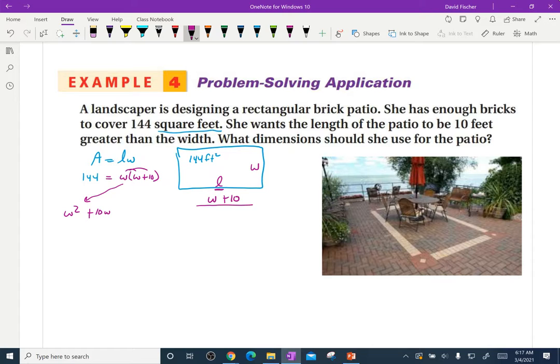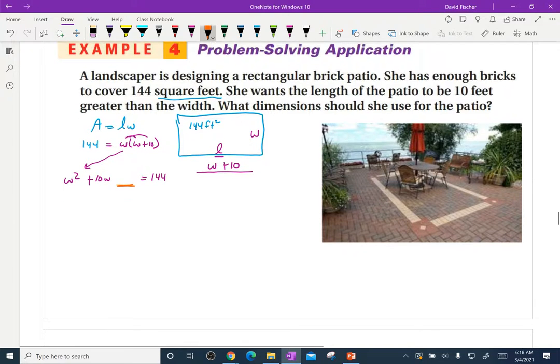And I want to leave a space because I want to make it a perfect square, equals 144. Okay, because I want to factor this by making it a perfect square. So I need this number here to make it a perfect square. So I want to take my B, divide it by 2, and square it. So I want to add 25 to both sides.